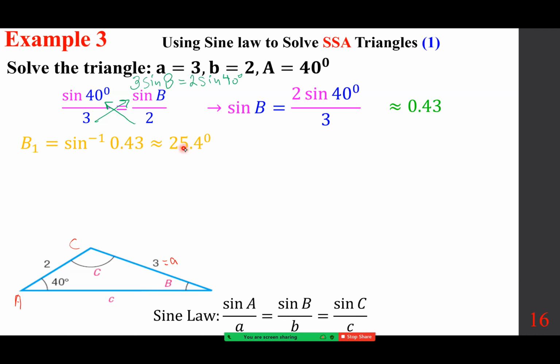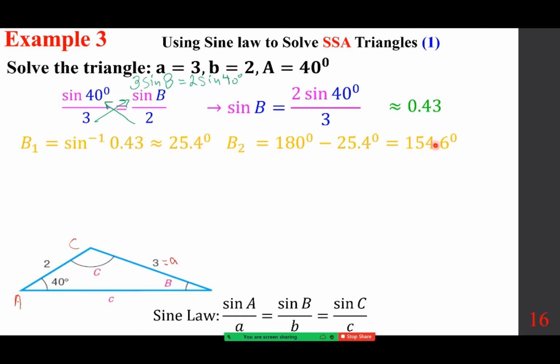Subtract this from 180 degrees, and that's the possibility for the second angle, which is 154.6. Now, here's what's going to happen. You check, you see A is 40 degrees. When B is 25.4 degrees, the sum is less than 180. This works out, you can continue.